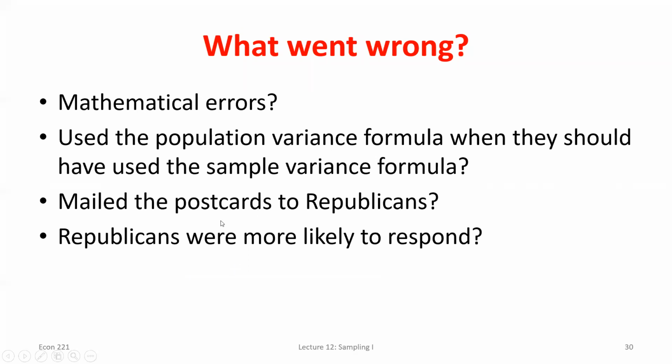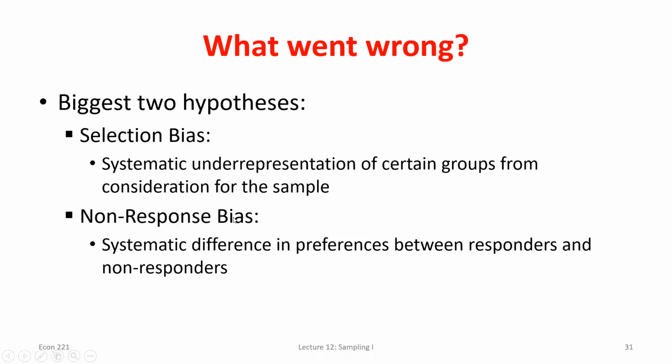So we can break these things down, and we have a more generalized name that isn't specific to this example. Those things are selection bias and non-response bias. A selection bias would be: did I systematically over-select a certain group to be in my sample? That would be the case if I only sent these surveys to Republicans. Non-response bias is when there's a systematic difference between groups in their response rates.